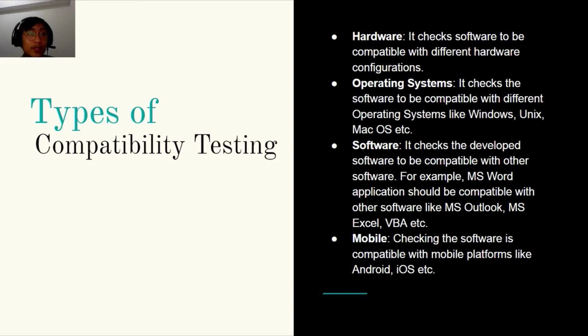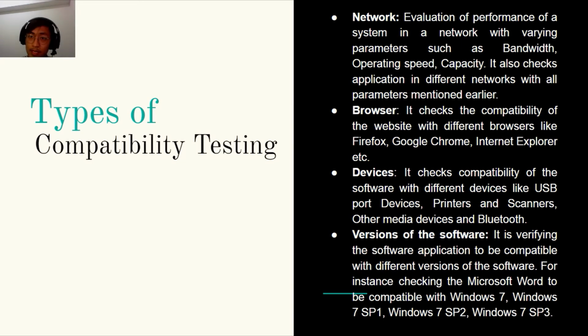So let me proceed. Next is the network. Network is the evaluation of the performance of a system in a network with varying parameters such as bandwidth, operating speed, and also capacity. It also checks the application in different networks with all the parameters mentioned earlier. Next, browser.